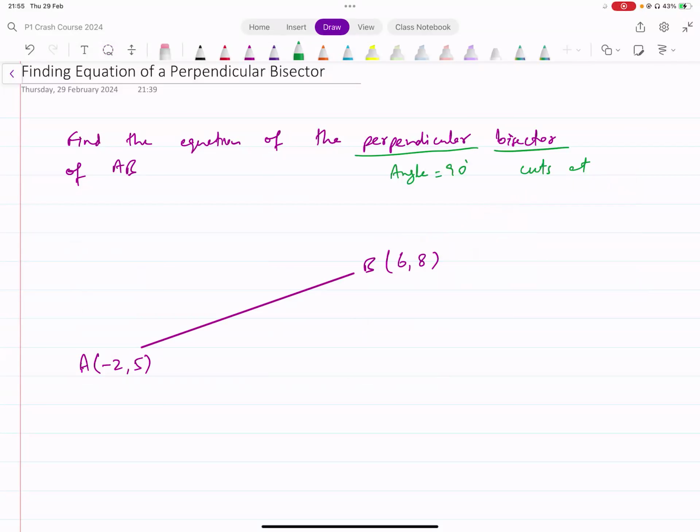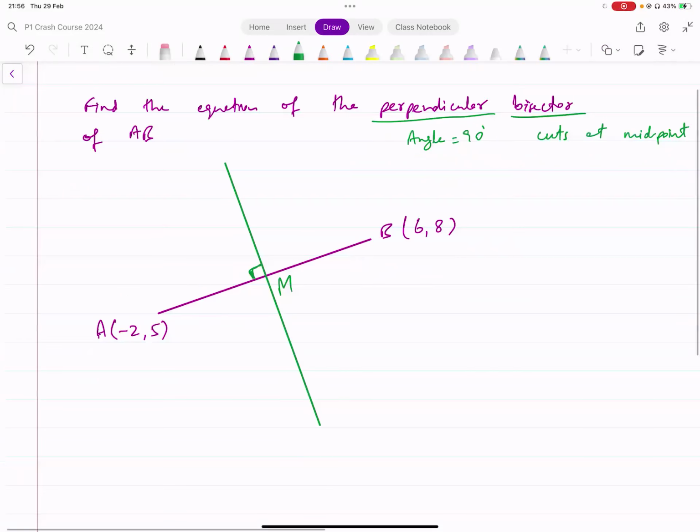That's what bisecting means. Perpendicular bisector of AB means find the equation of a line that cuts AB at the midpoint and is perpendicular to AB. Now, what is the perpendicular bisector going to look like? It's going to be something like this. This is the perpendicular, and it passes through this point M, which is the midpoint of A and B.